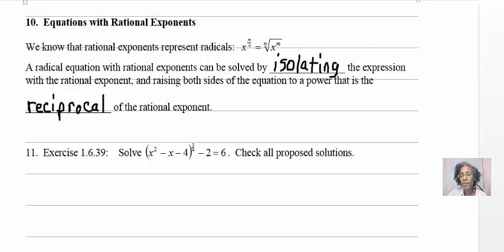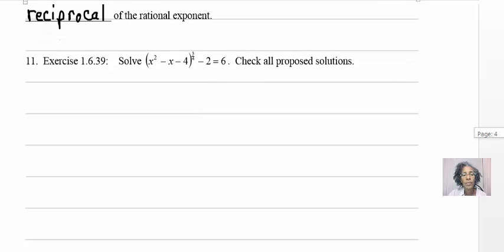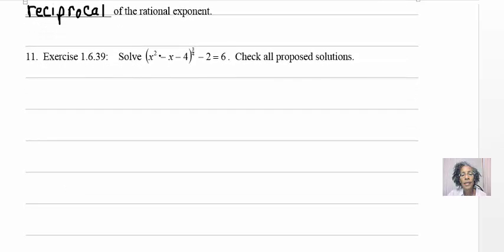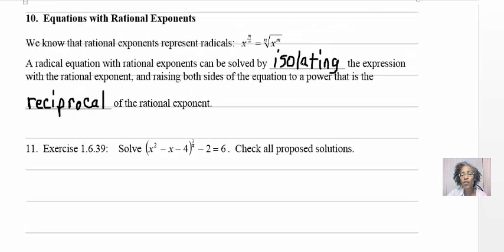Okay, so here's an example of this type of problem. I've got a polynomial raised to the 3/4 minus 2 equals 6. Now we said the first thing I need to do is isolate the expression with the rational exponent.